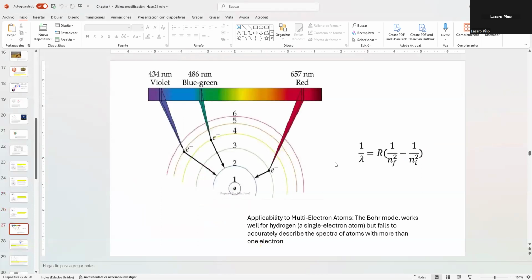He explained the lines in the emission spectrum of hydrogen. Hydrogen has only one electron. And he explained that these lines correspond with the jump of this electron from one level to another.